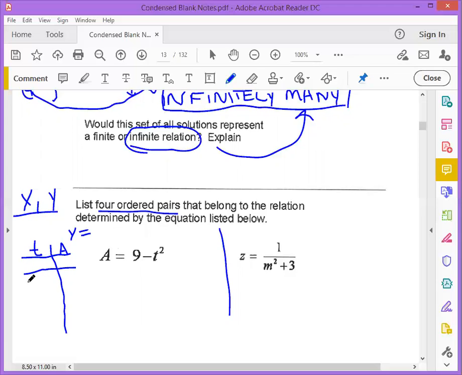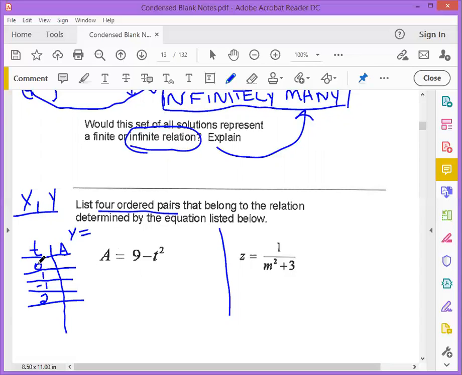And we'll just choose 4 points. It doesn't matter which 4 points you use. We're going to choose 0, 1, -1, 2. And now we're going to substitute each row. We're going to substitute the values of t in order to find a.